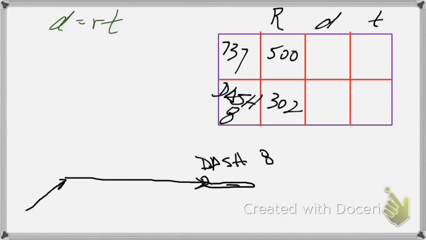There's our airplane. An hour later, our 737 takes off and follows the same route. So an hour later, our 737 takes off from the same place. I want to know how far away from where they took off both of these airplanes will be at the same place.